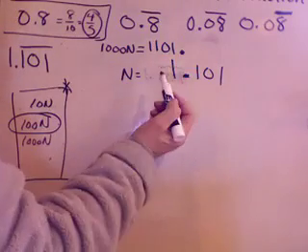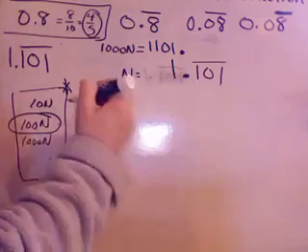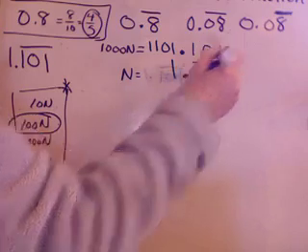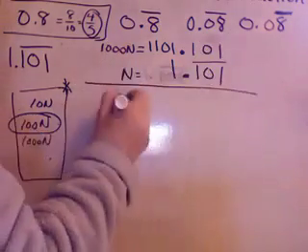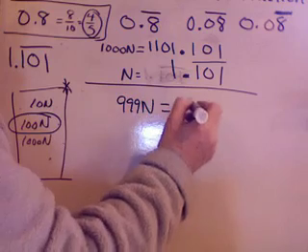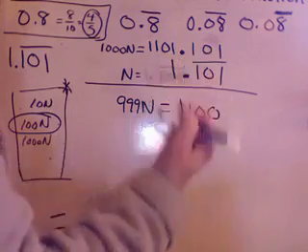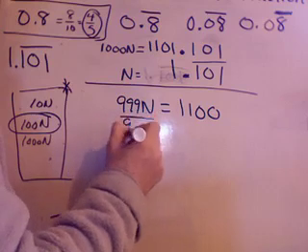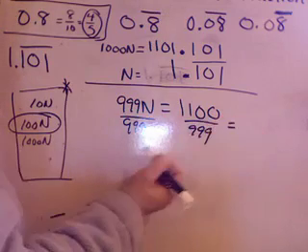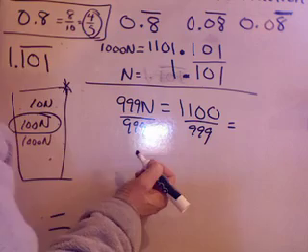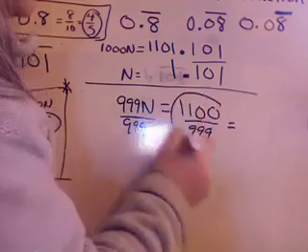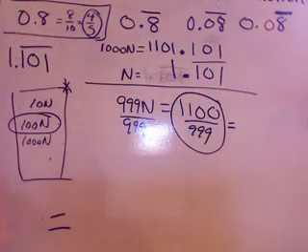What do I put here? Zeros? What was repeating? The 101 was repeating. So 101. All right, let's subtract. 999n equals 1100. All right, divide both sides by 999. So n equals 1100 over 999, and can I reduce that? Nope. You can check it with your graphing calculator if you're not sure.